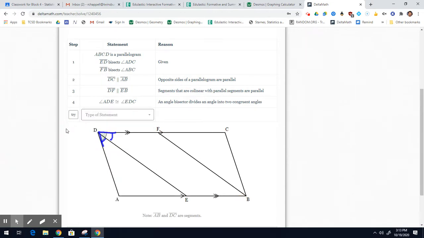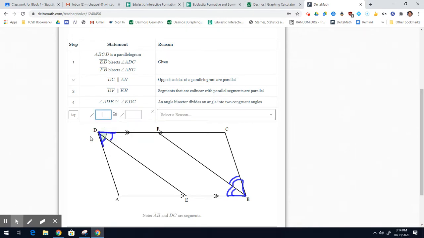Okay, let's go with the other one too. So, let me draw it down first. So FB over here bisects ABC, this angle. So these two angles are also congruent. Okay. All right, so let's do that here.